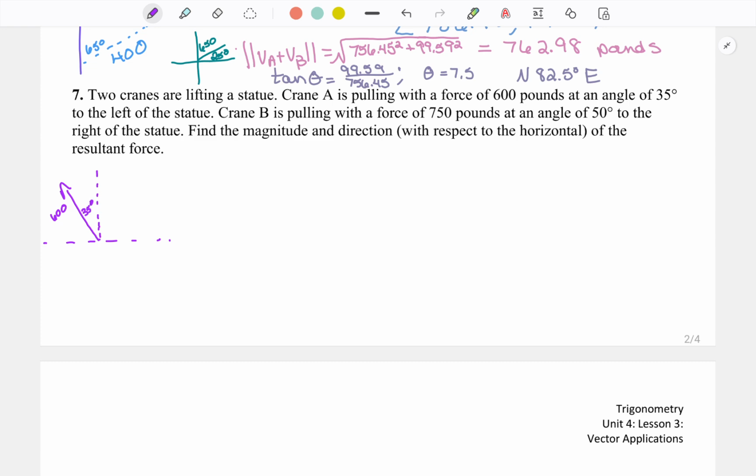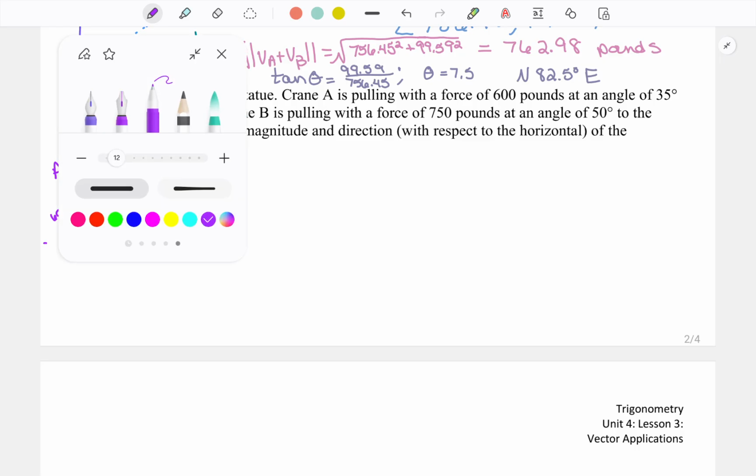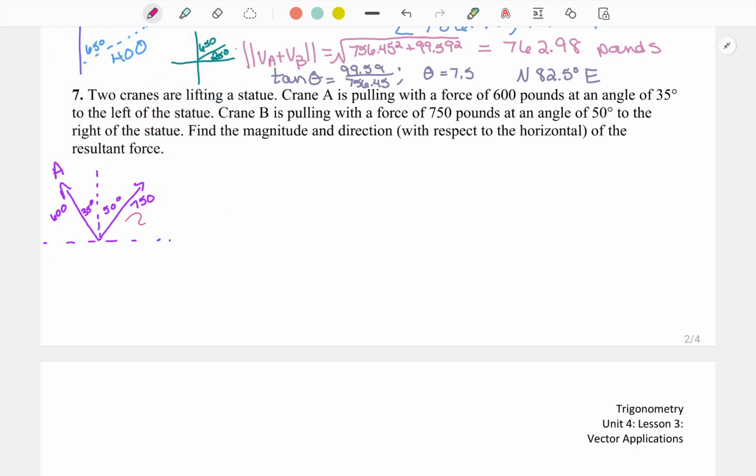And then we have crane B, that is 750 pounds. And it is 50 degrees to the right. So for our angles in standard position, 90 minus 50 is going to give you 40 for crane B. And then for crane A, you're going to have 90 plus 35, which is going to give you 125 degrees.